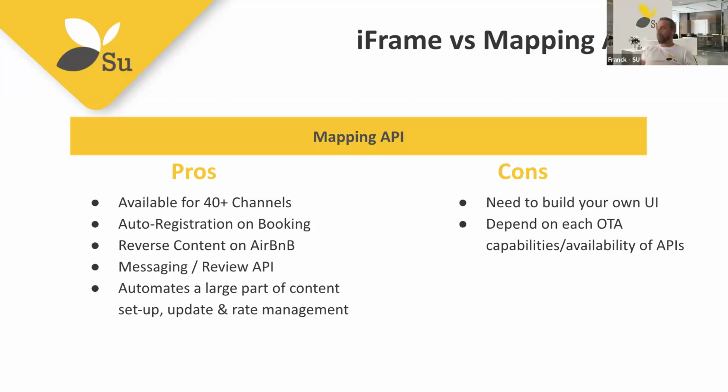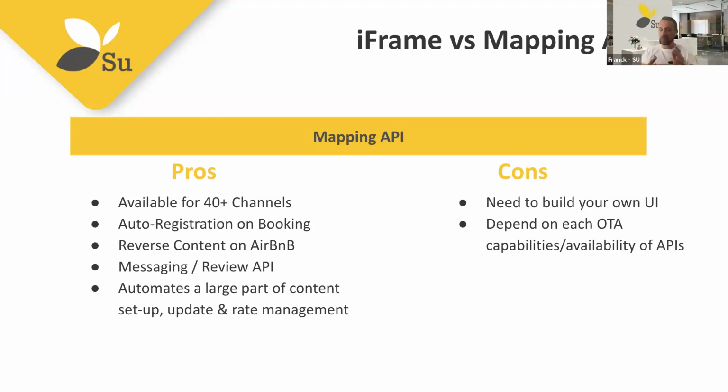And obviously, it's not a magic trick as well. Each OTA allows a set of APIs. For example, VRBO allows content, but it's not as advanced as what you would find on Airbnb or Booking.com, for example. So, each channel will have its limitations.